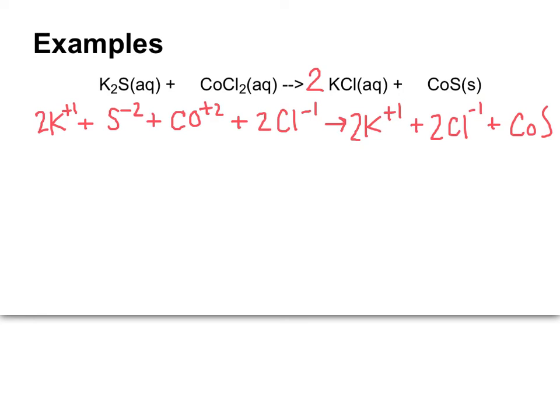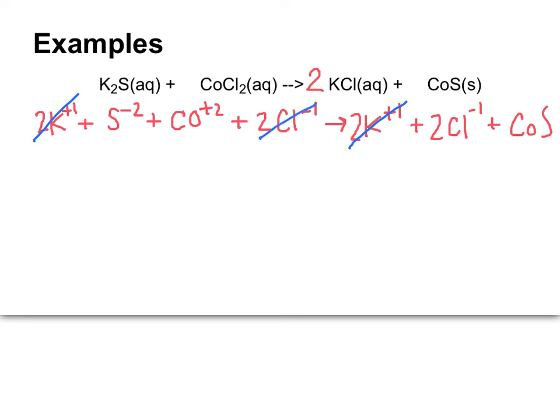The next and final step is to determine the spectator ions so that they can be crossed off and the net ionic equation can be written. If we look at this reaction, there are 2 positive K ions on either side and 2 negative Cl ions on either side. These can be crossed off because they are exactly the same.